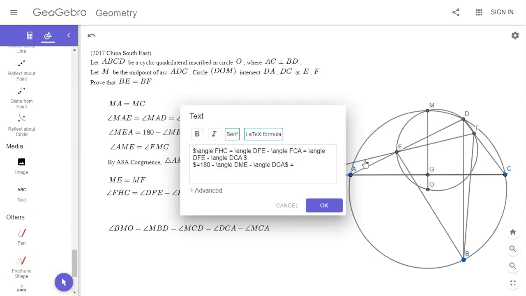So that should be 180 minus angle CMA minus angle DCA.